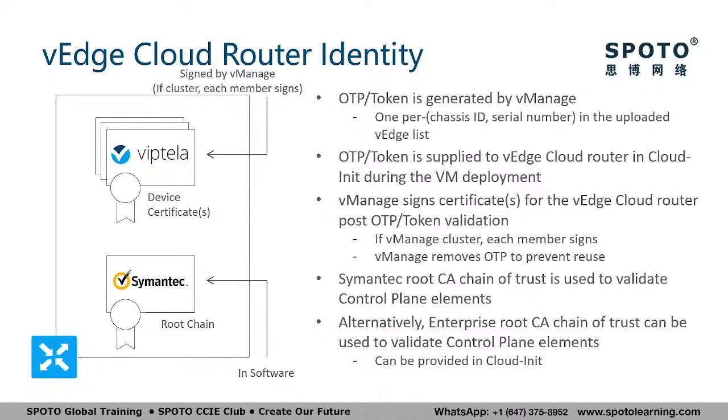For example, if there are 3 vManage servers in the cluster, each member will sign the CSR, and a total of 3 signed certificates will be installed back into the vEdge Cloud. This still provides a single router identity, but it's separately validated 3 times. Once the certificate is signed by vManage, vManage removes the OTP to prevent reuse.